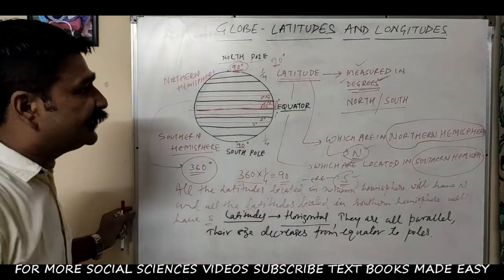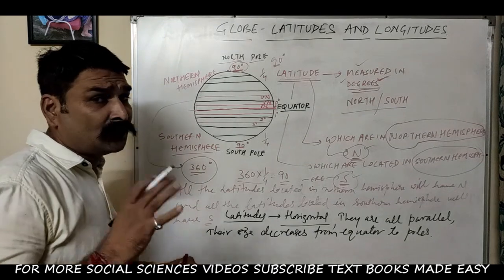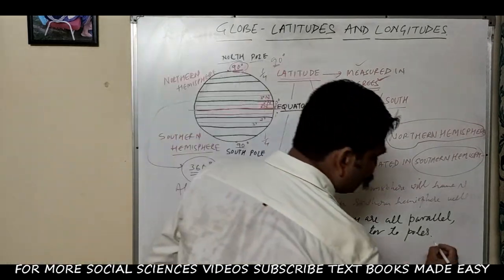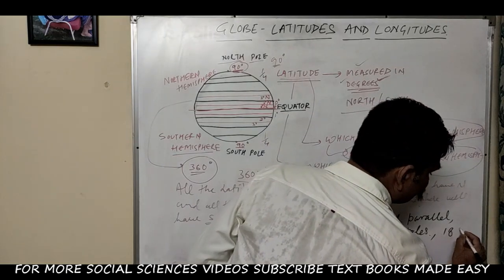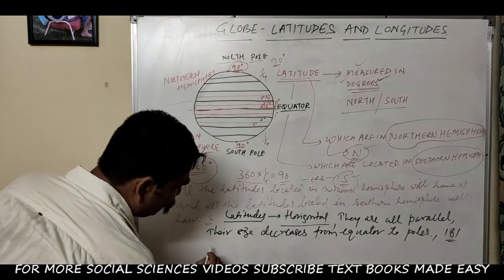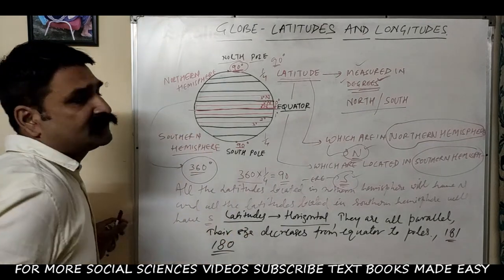Fine. And you can say that if you include the equator, then there are 181 latitudes, and if you do not include the equator in latitudes, there are 180 latitudes.